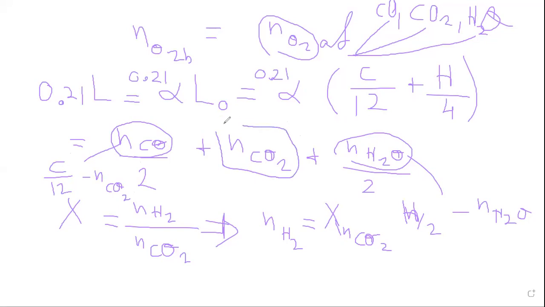After replacement, I just have to find NCO2 as a function of the other parameters. And once I have NCO2, if I give you the numerical values of the parameters, you can calculate them. And once you get NCO2, you can replace in the other equations to get all remaining products. So you can get NH2, you can get NCO, etc.